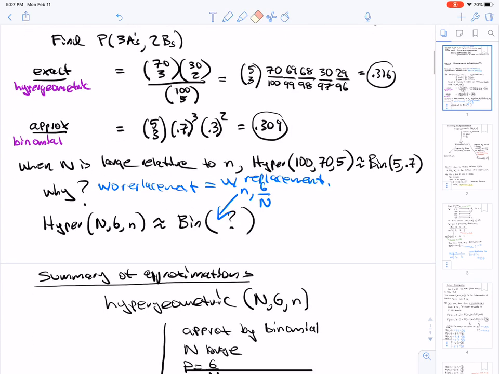So when big N is large relative to small n, the hypergeometric is quite close to the binomial.